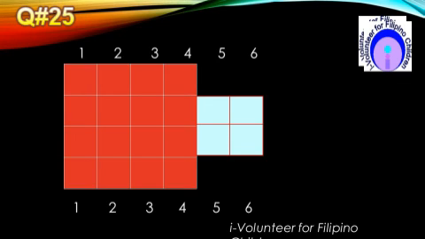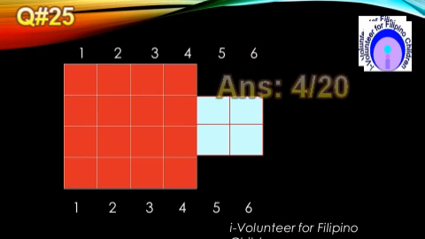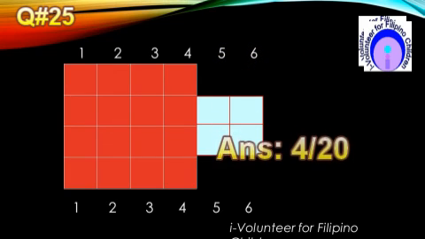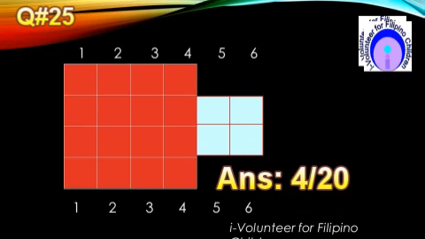What fraction names the white squares? The answer is 4/20.